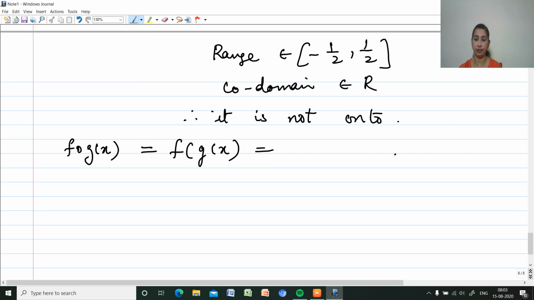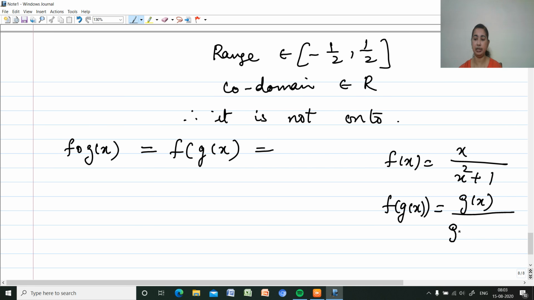We know f of x is equal to x by x square plus 1. If it is f of g of x, instead of x, I can give g of x. So this becomes g of x divided by g of x square plus 1, that is equal to, instead of g of x, 2x minus 1.